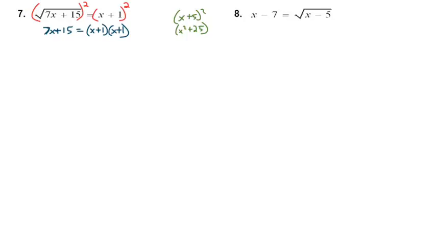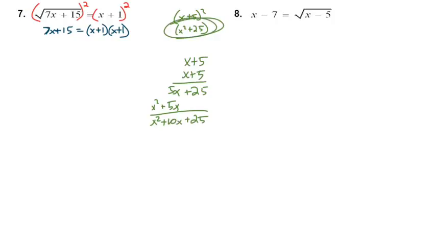So what you really have to do is this. 5 times 5 is 25, 5 times x is 5x, x times 5 is 5x, x times x is x squared, therefore x squared plus 10x plus 25. If you do the shortcut way, you will miss this middle term. You cannot do that.